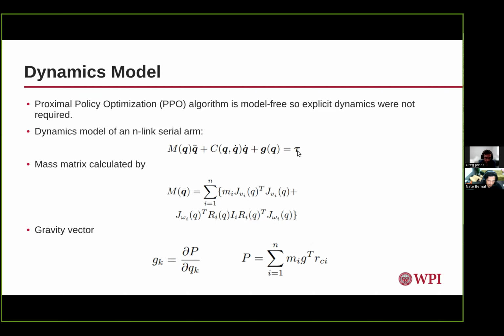The mass matrix term depends on the mass of each link as well as the inertia of each link. The gravity term, through the total potential energy expression, also depends on the mass of each link.